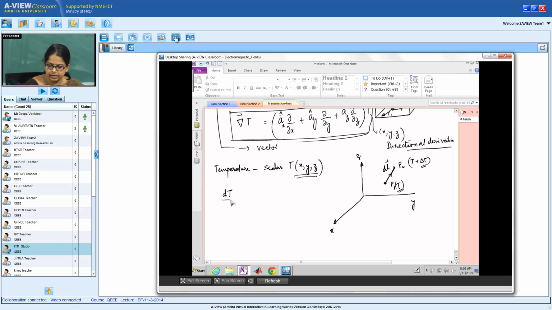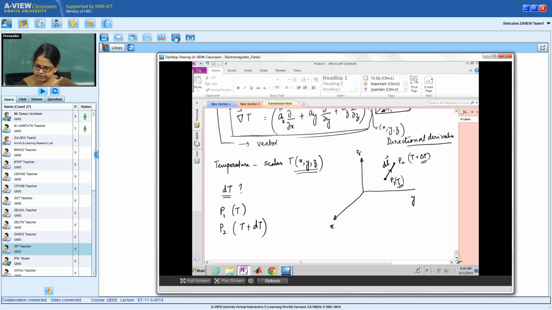Question we are asking ourselves is, what is the dT between P1 and P2? What is the change in temperature, where I know that P1 is at a temperature T and P2 is at a temperature T plus dT. This is what I want to know.